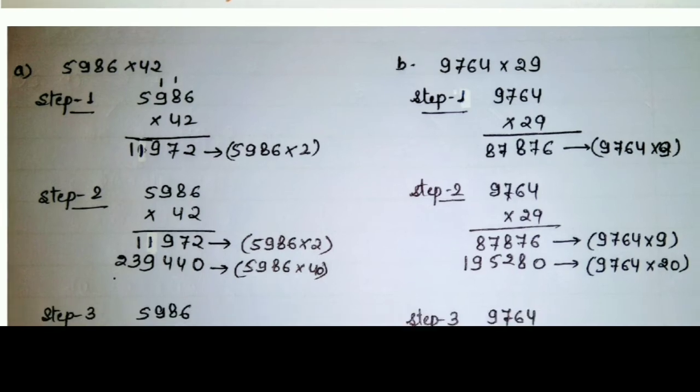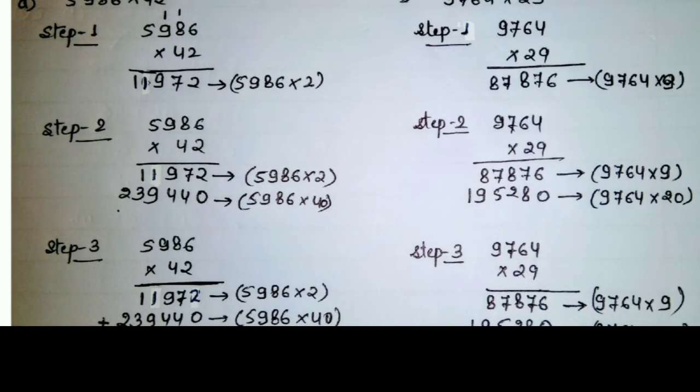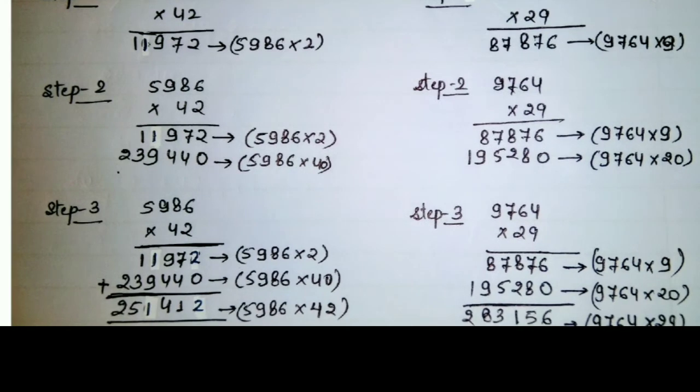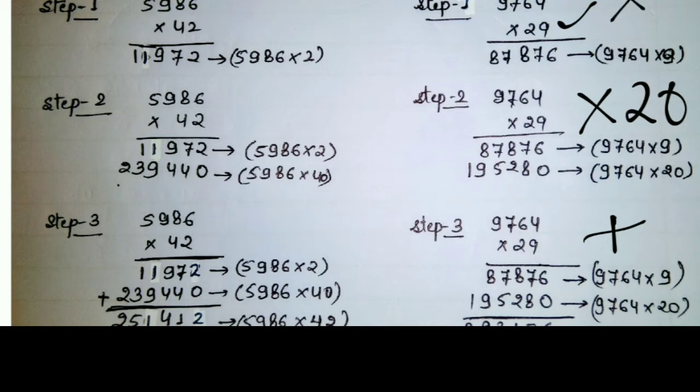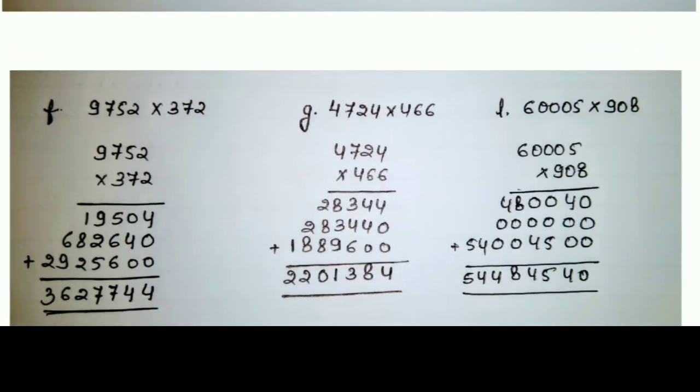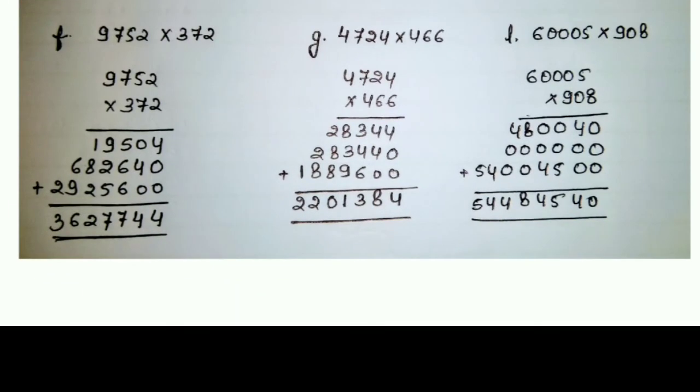So after this, by adding these two, you will get your answer. Same in this question, first multiply by the ones place, that is 9. Second multiply by 20. Then third we will do the addition of 9 and multiply by 20.